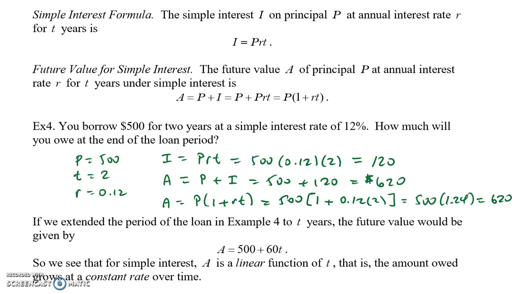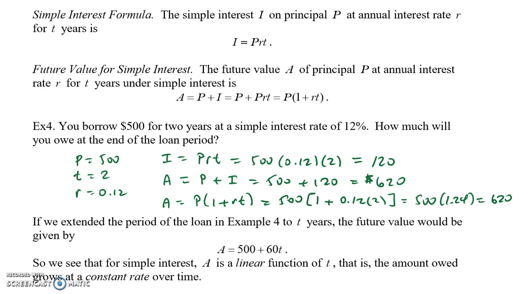So we can come up with the future value directly without computing the interest separately. But just notice in this example that the interest is only computed on the original amount of the loan of $500. So interest is only computed on that, and then just gets added into that at the end of the loan period.